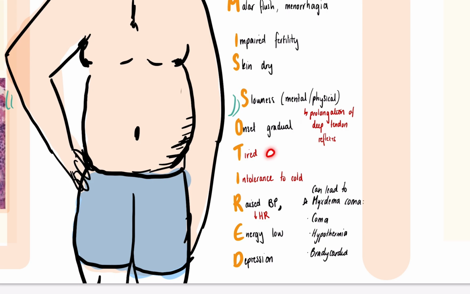You would feel tired and intolerant to cold, so you would feel very cold in even just room temperature rooms. You get a raised blood pressure, a decreased heart rate, low energy, and there are also cognitive and psychological effects such as depression.